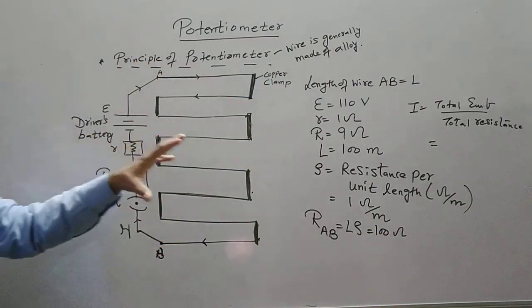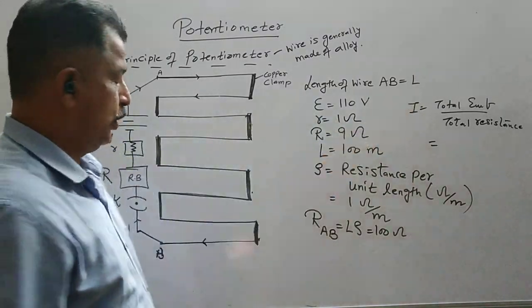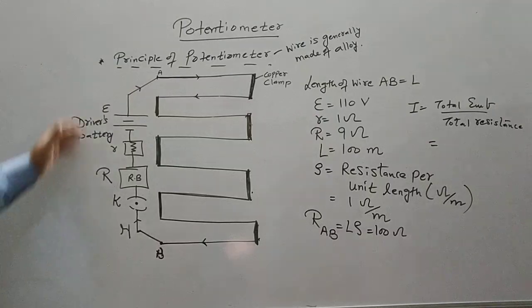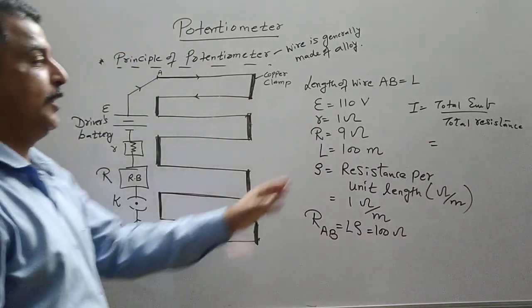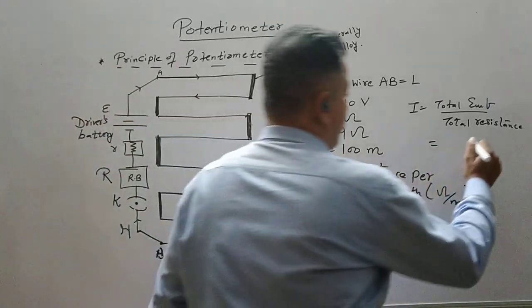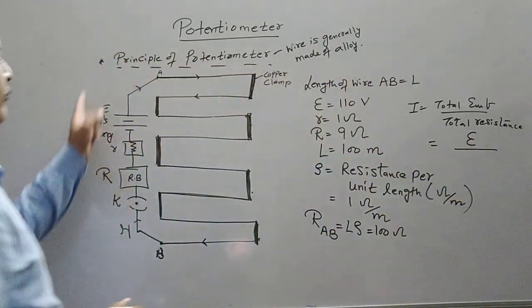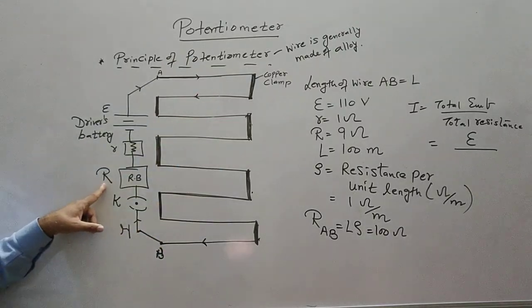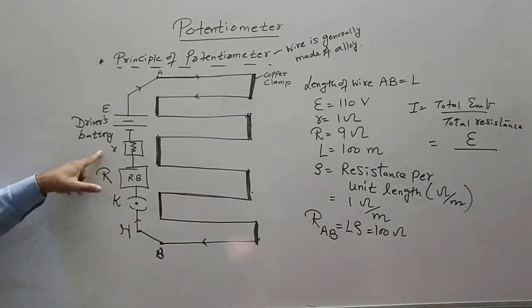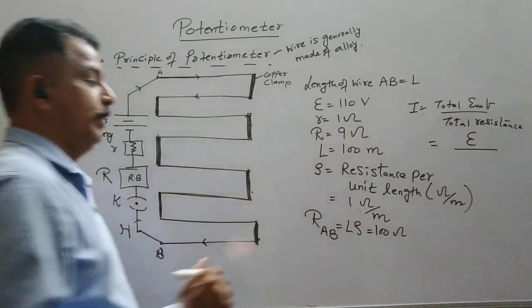In order to find the potential difference, we first find the current. If I close this key, the current starts flowing. Now current is total EMF divided by total resistance. Total EMF is E. For total resistance, if we move in the circuit, capital R, small r, and the resistance of this wire are all in series combination.